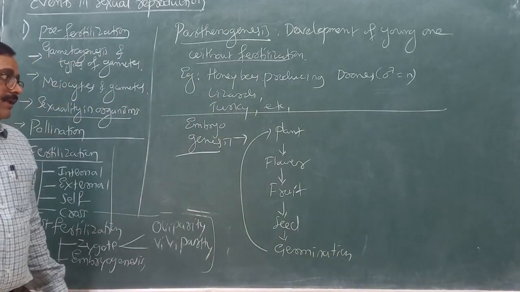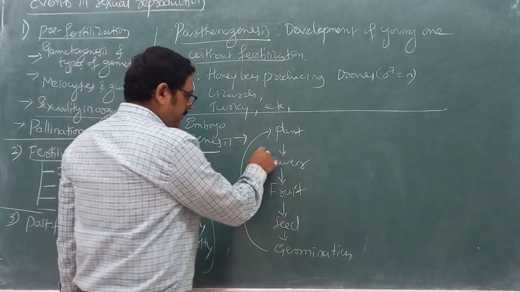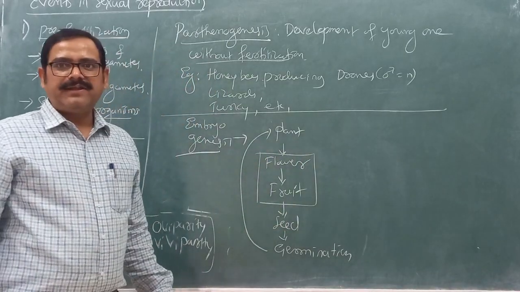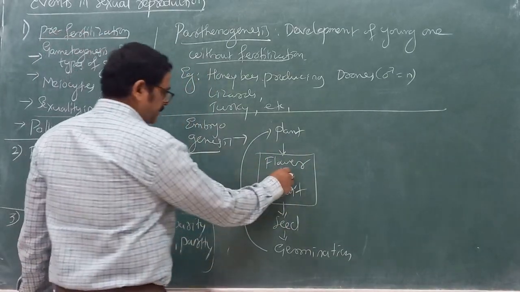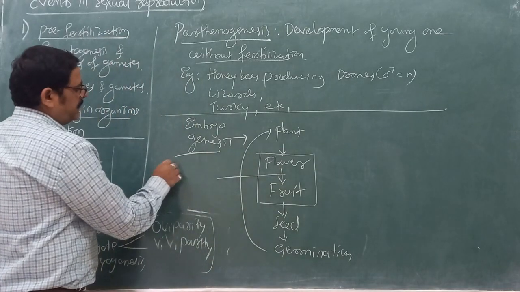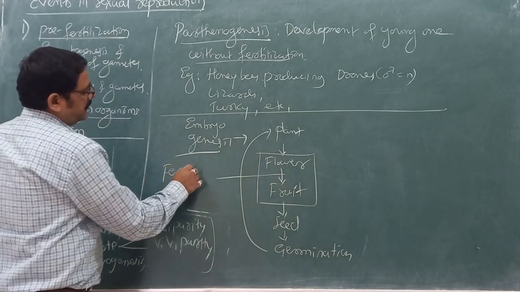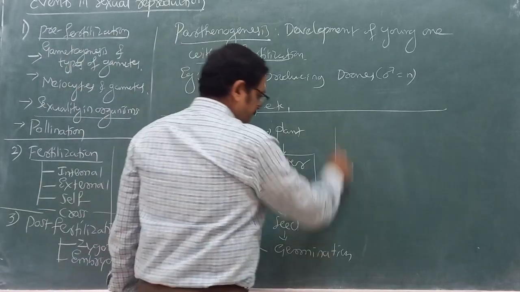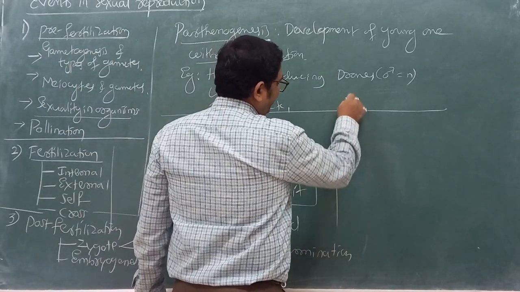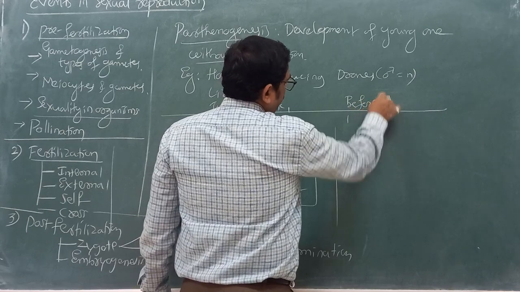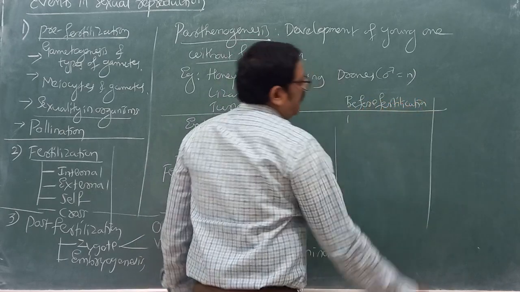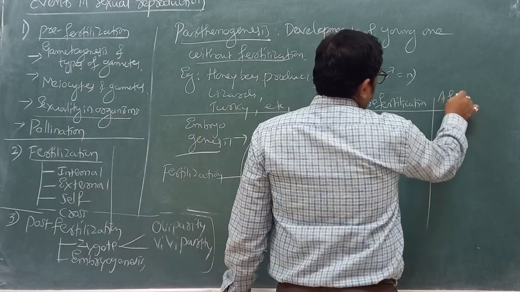Okay, so here the most important thing, why the flower is converting itself into fruit? What is the reason? It is mainly fertilization. So you need to know, before fertilization, after fertilization.